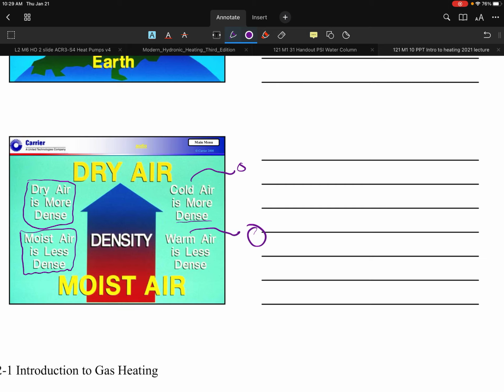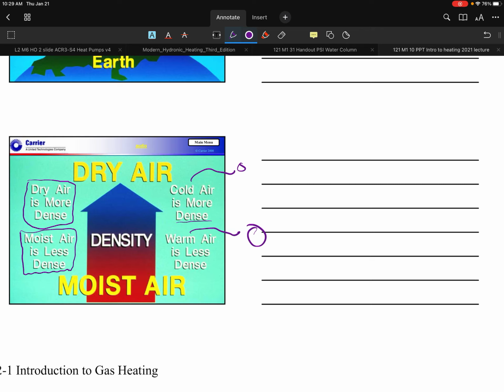So when we say dry air is more dense, that tells you that air is very dense, and dry air would tend to fall as a general rule, all things being equal. When we have moist air, and I'm going to use an example relevant to heating systems, when I have air that is very moist, the question always becomes, what happens to that moist air? Why does it do this?